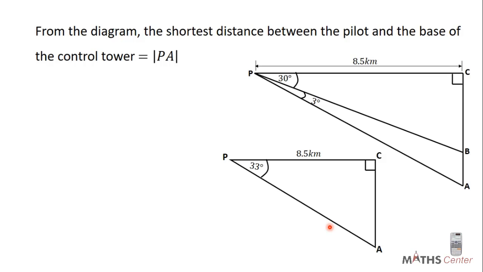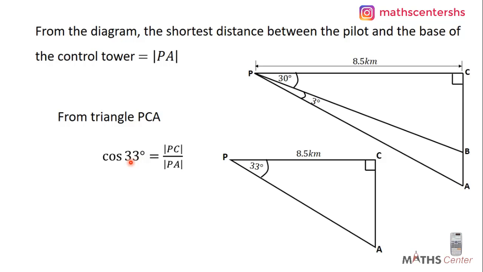Adjacent, hypotenuse. Remember SOHCAHTOA. So we are going to use CA, which is cos, because that will give us adjacent over hypotenuse. So we can say that from the triangle PCA, cos 33 degrees is equal to PC divided by PA. PC is the adjacent, PA is the hypotenuse.